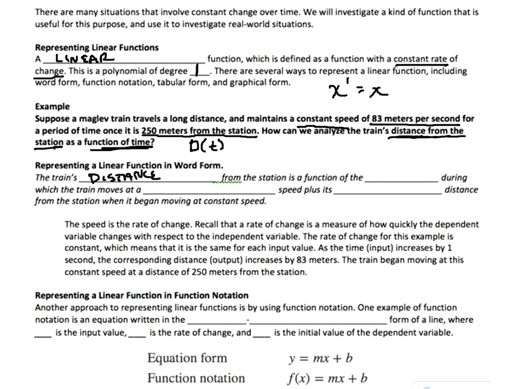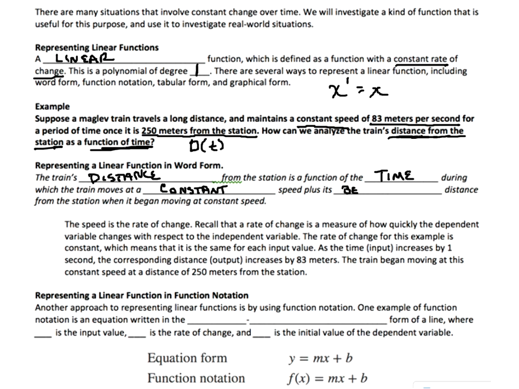So the train's distance from the station is a function of the time during which the train moves at a constant speed, this is what makes it linear, plus its blank distance from the station when it began moving at a constant speed, plus its, I don't know, beginning distance.